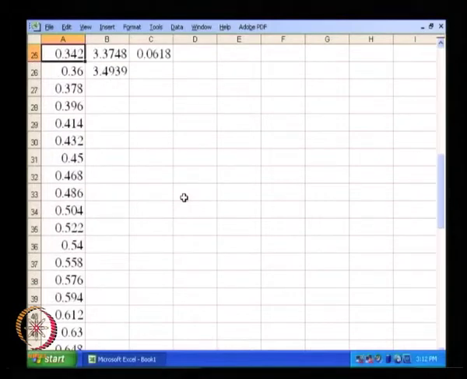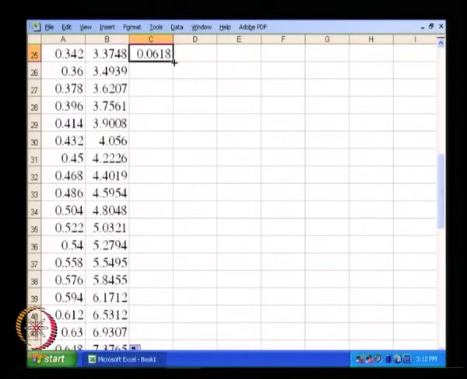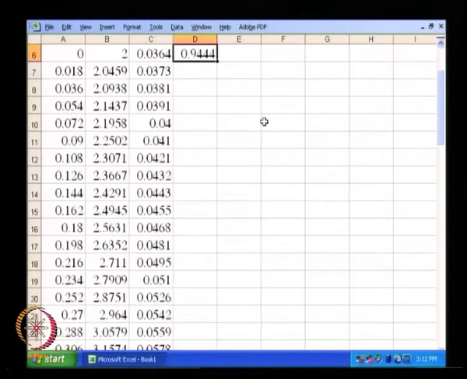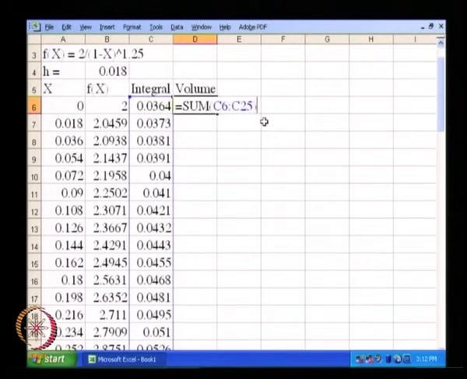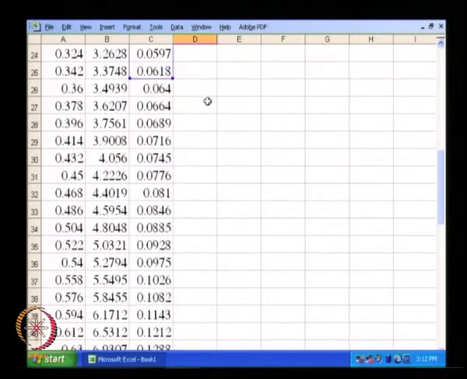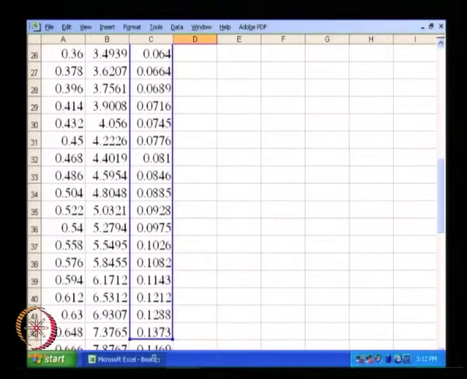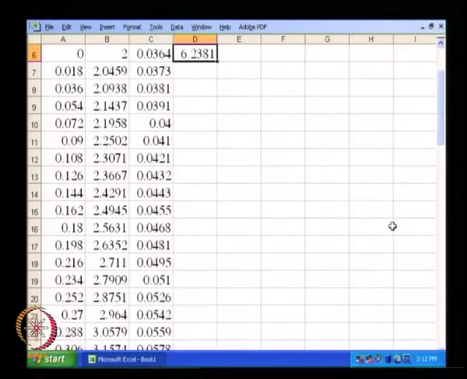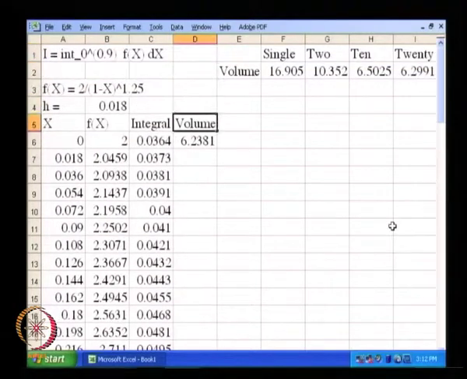Go up and double click this, go to the last value, delete the last value, and we find the volume as the sum of the entire number of intervals that we have obtained, and the volume that we get is 6.238.